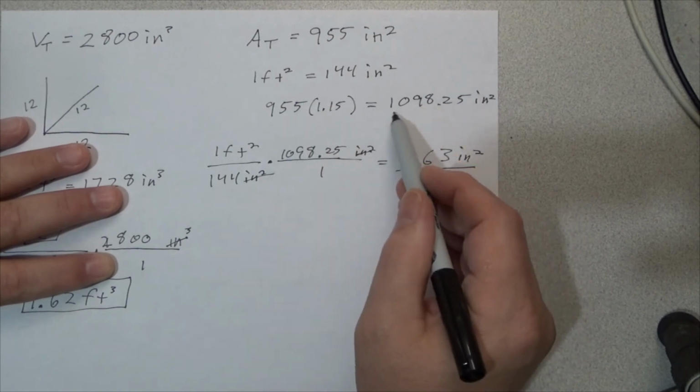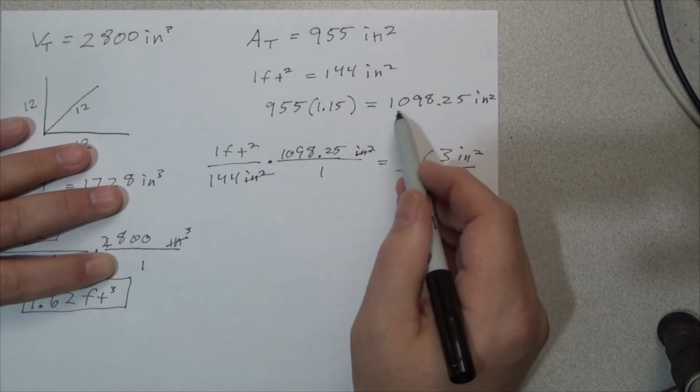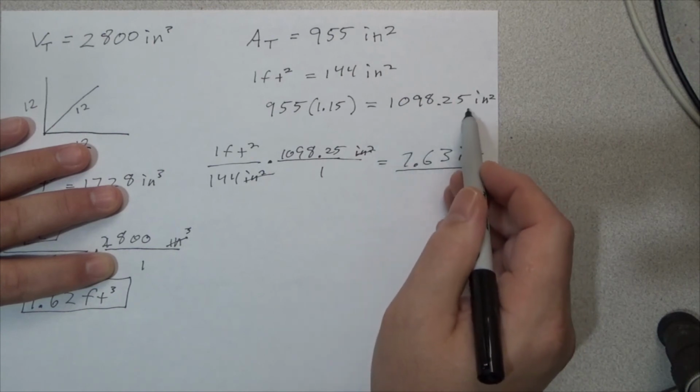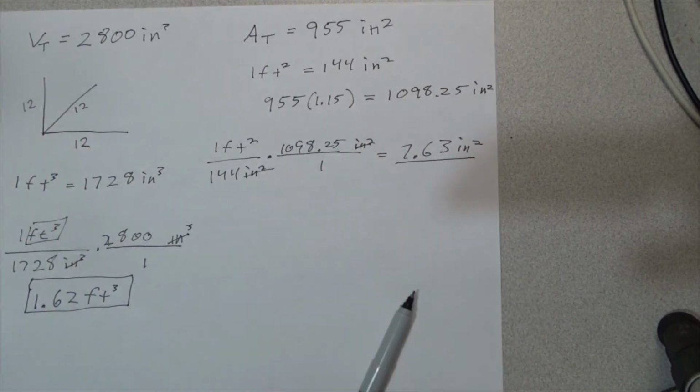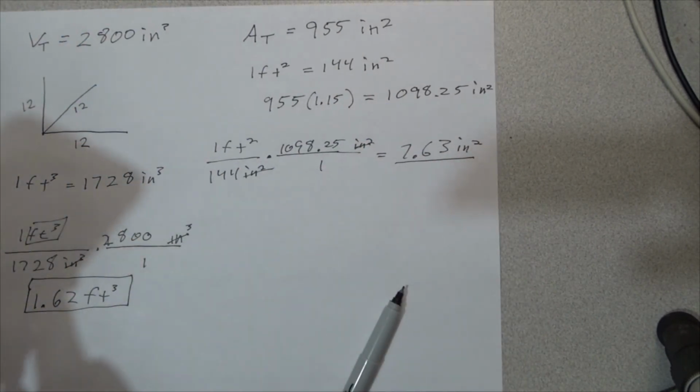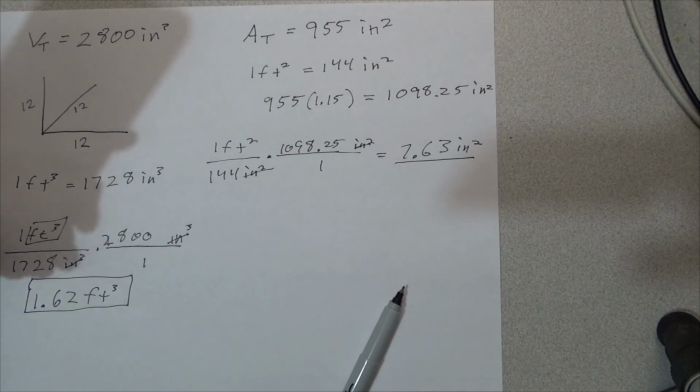That would mean that if I take 15% off this right here, I should get to 955, and you don't. If I take that 1098.25, multiply that by 15% and then subtract it from itself, you do not get 955.